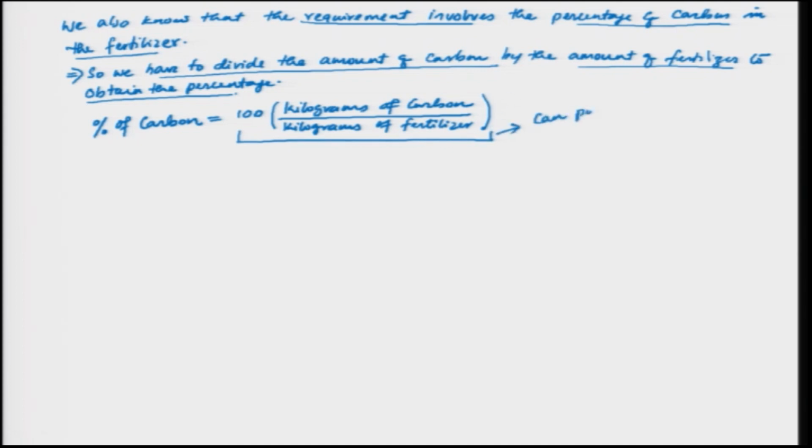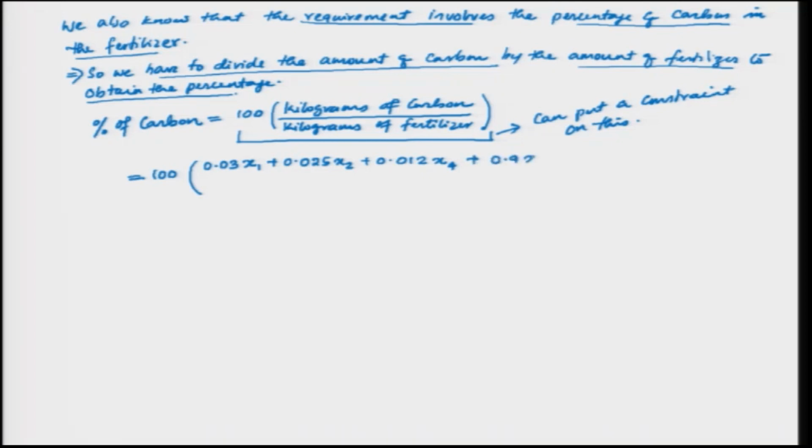So now we can put a constraint on this, because we know what the constraint is. Okay. So what does this imply? This is equivalent to saying it is 100 multiplied by our previous equation, which is 0.03 x1 plus 0.025 x2 plus 0.012 x4 plus 0.9 x7.